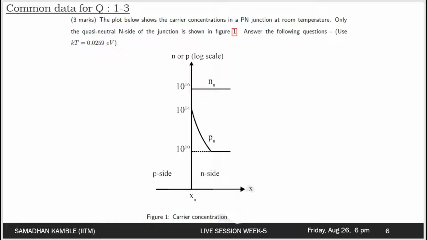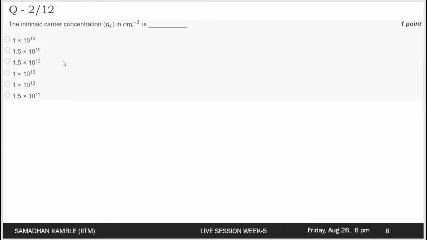Let us go to question number 1 first. They have asked for the intrinsic carrier concentration Ni in per centimeter cube. We know that Ni is equal to the square root of Nn times Pn under equilibrium condition.